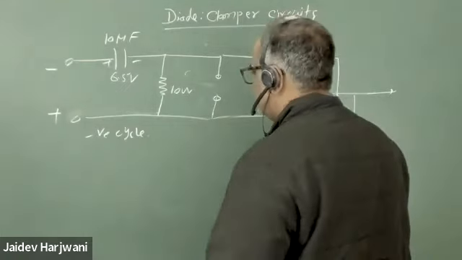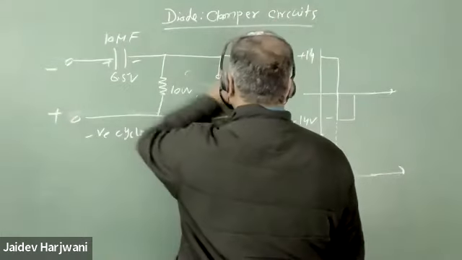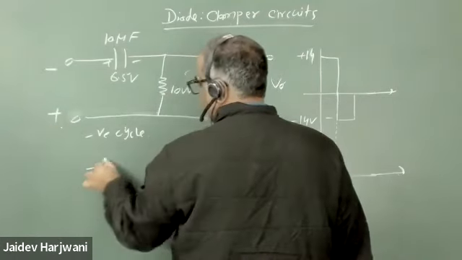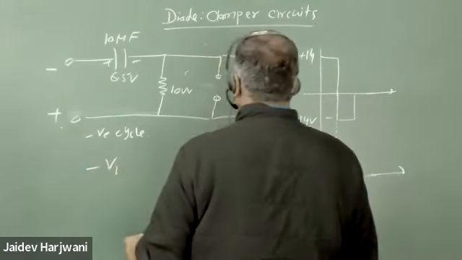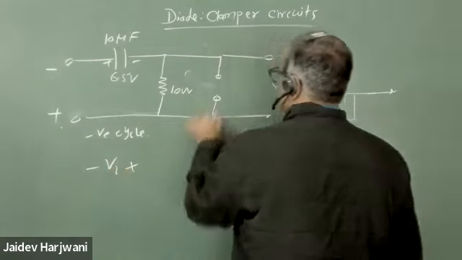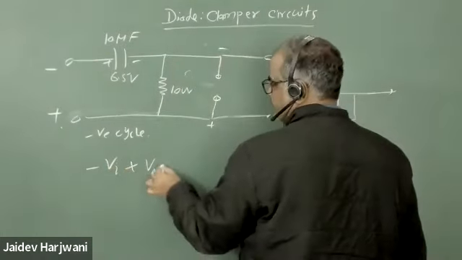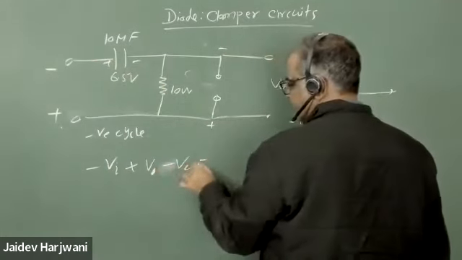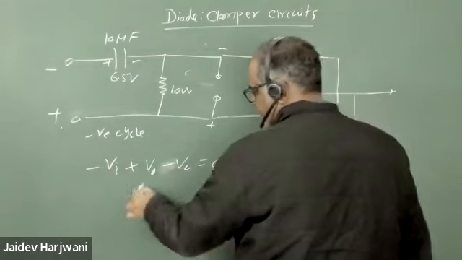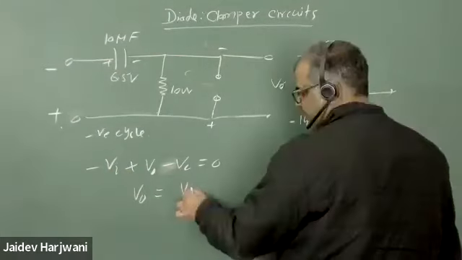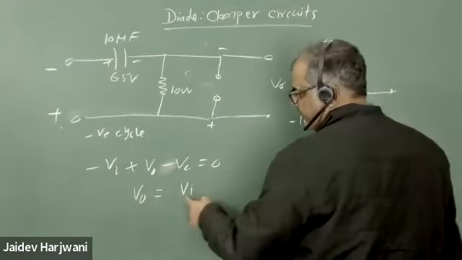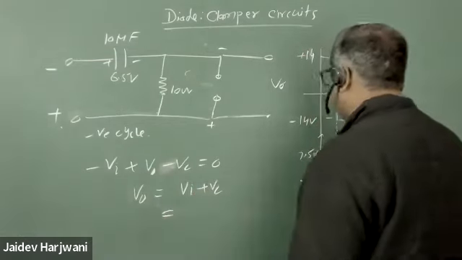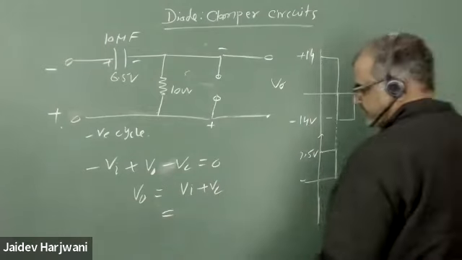So now what will happen? Again you can write this from the start: minus V input, plus minus V naught, and minus VC equals 0. So your V output will be V input and plus VC, and V input in the next cycle is how much? 14 volts.